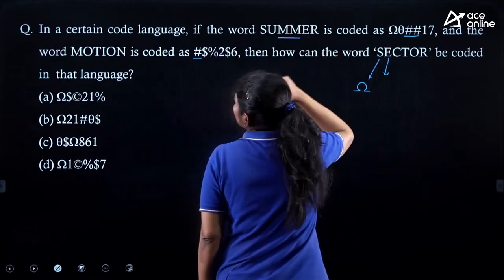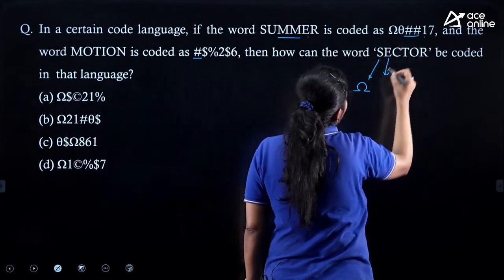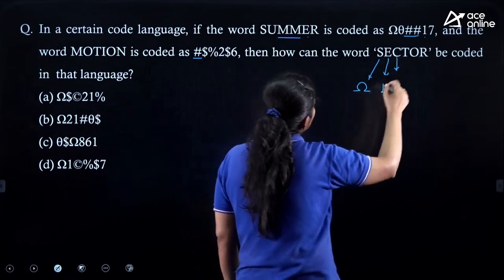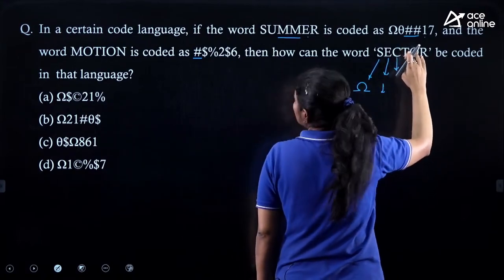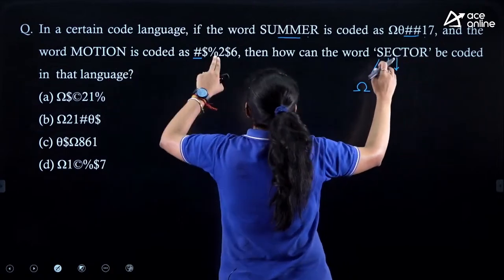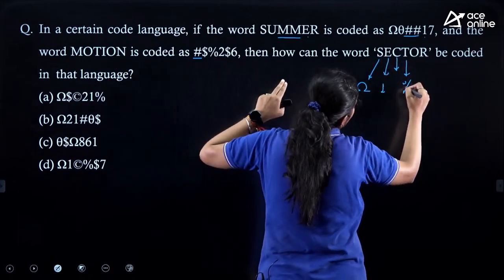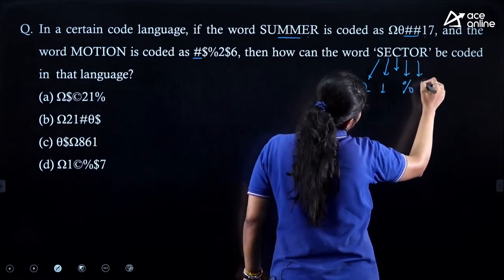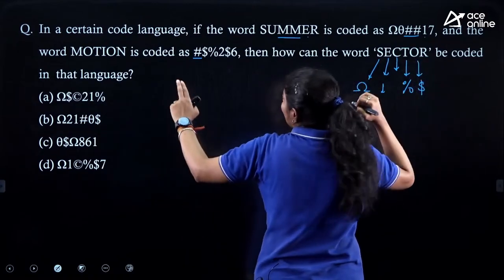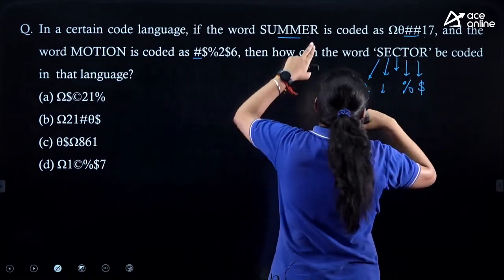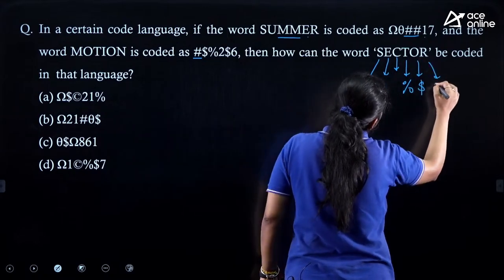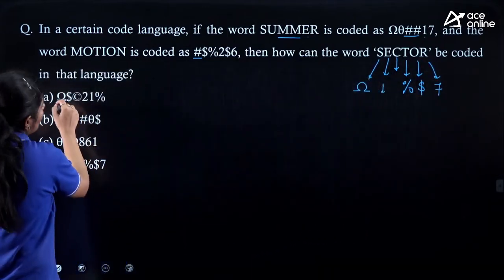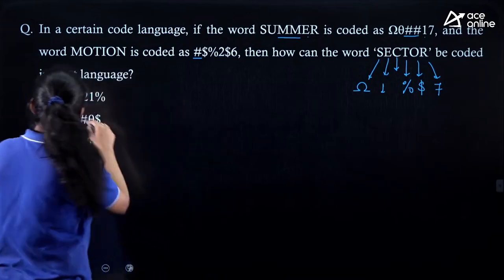For the E we are having 1. For the C I guess C is not mentioned. Okay, we are keeping C like this only. For the T, third word, that means the percent symbol. For the O we are using dollar, and for the R we are using 7, right? So I need these ones. Ohm 1.